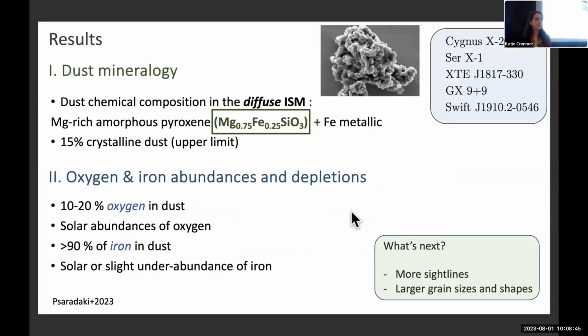So these are our results from this first sample. We found that the dust grain chemistry in the diffuse interstellar medium, which we probe through the oxygen K and iron L edges, is mainly characterized by magnesium-rich amorphous pyroxene with this stoichiometry and some metallic iron. We find an upper limit on dust crystallinity of 15%.